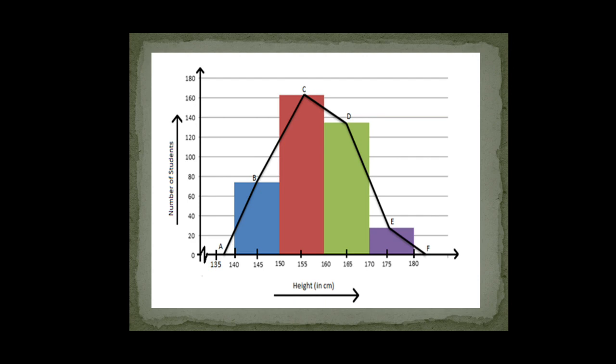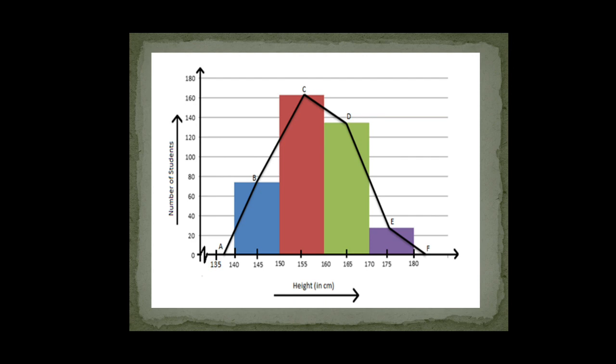The important point to note is that the endpoints of the polygon be joined to the immediate lower or higher midpoints, as the case may be, at zero frequency with the baseline. That is, we have to close the polygon at both sides of the distribution by extending them to the baseline as shown by point A and point F in the figure.